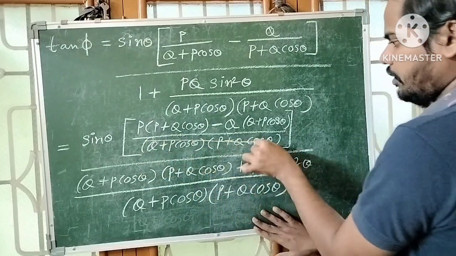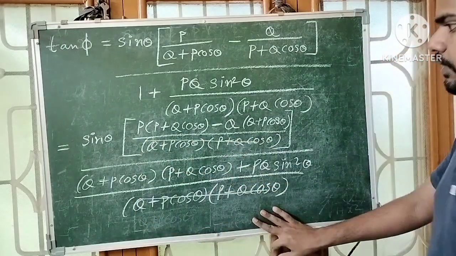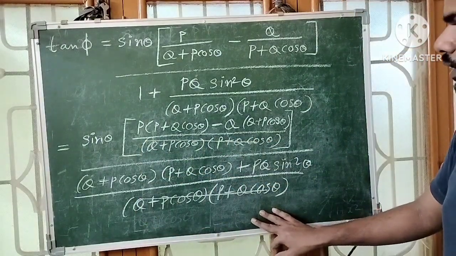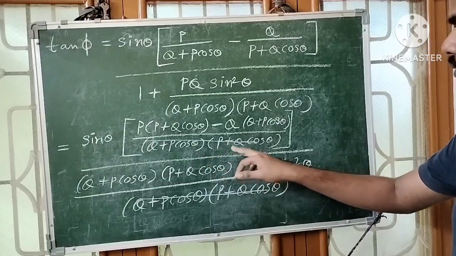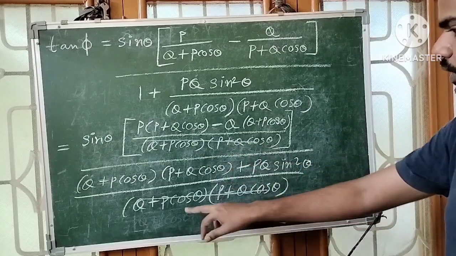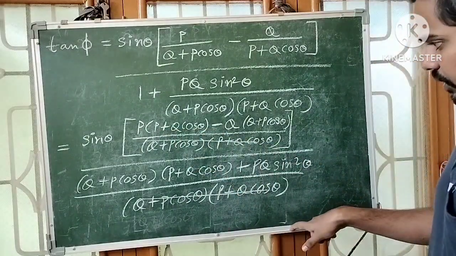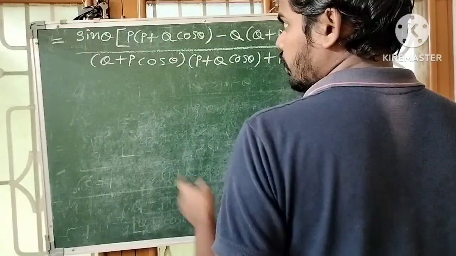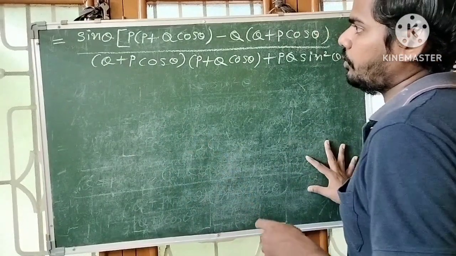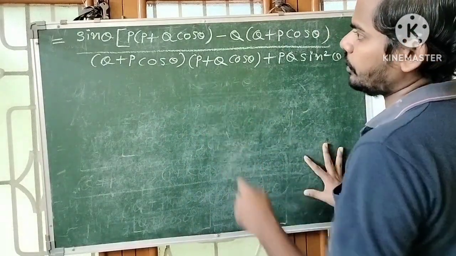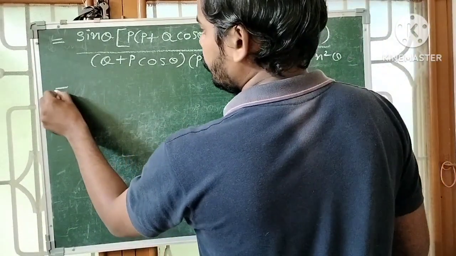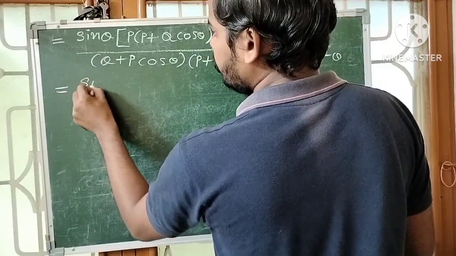Just elementary simplifications, that's all. So the denominators get cancelled. After eliminating the denominators, we get this expression. Just simplify further.